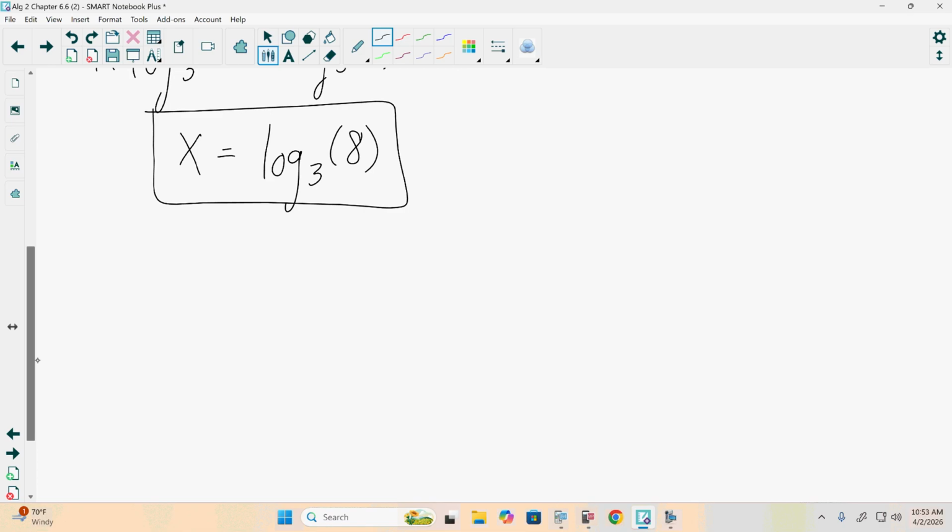Now we can find the approximation for this here. So let's say we don't have the graphing calculator to pull out. We can still find this because of our change of base formula.